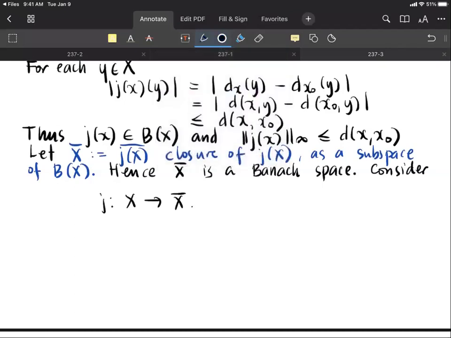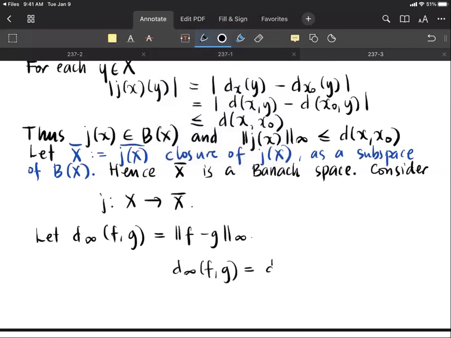So take note that the metric induced by a norm is simply the norm of the difference. We would like to verify that this is indeed distance preserving.